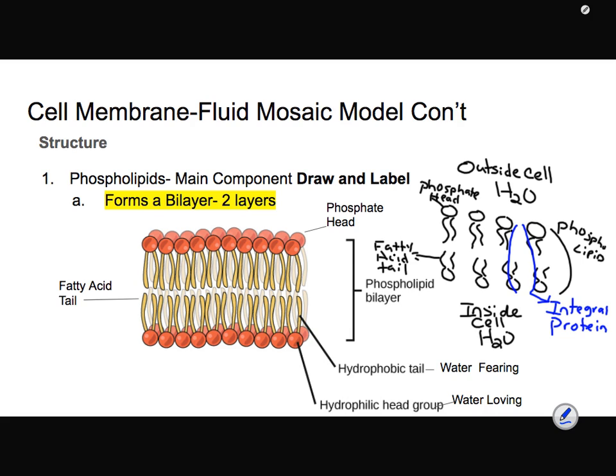So these proteins are highly important. Also, on the surface are what we call peripheral proteins. Peripheral proteins. I think I spelled that correctly.